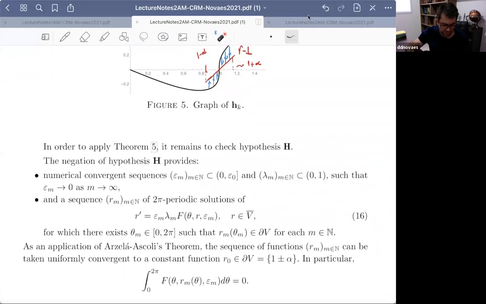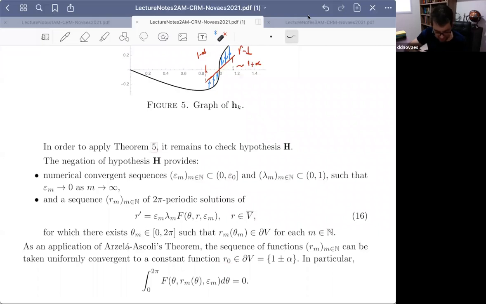And as an application of the Arzelà-Ascoli theorem, we can see that the derivative of this function goes to 0 as m goes to infinity, because we have this epsilon multiplying everything here. Then, by taking a subsequence, this function is uniformly convergent to a constant function.